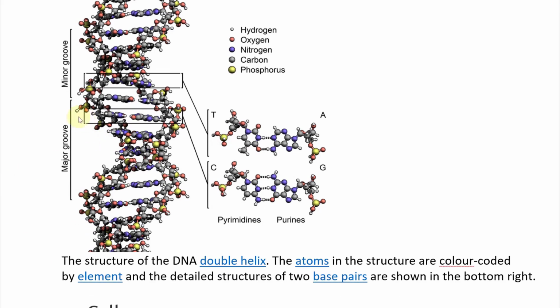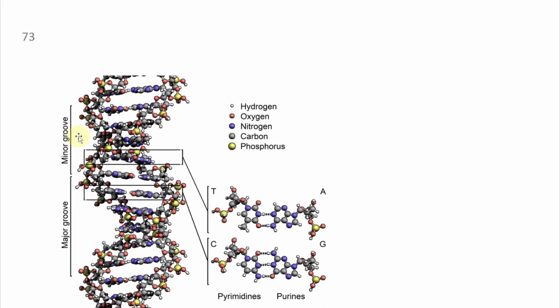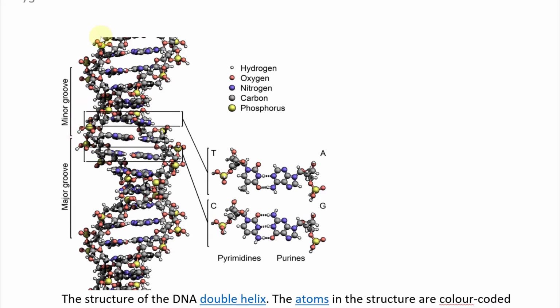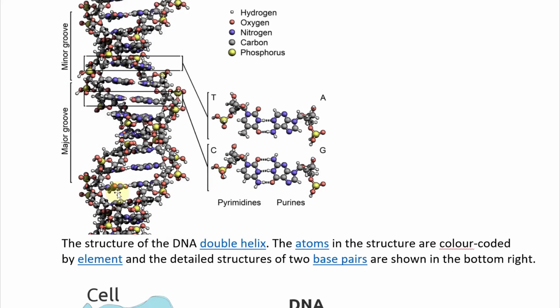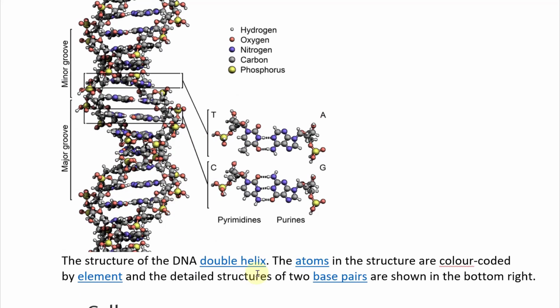The way it's set up is that you'll have a minor groove that's closer together across the cross sections there, and then there's a bigger one, which is a bigger wave of this double helix. The atoms in the structure are color coded by element, and the detailed structures of 2 base pairs are shown in the bottom right.